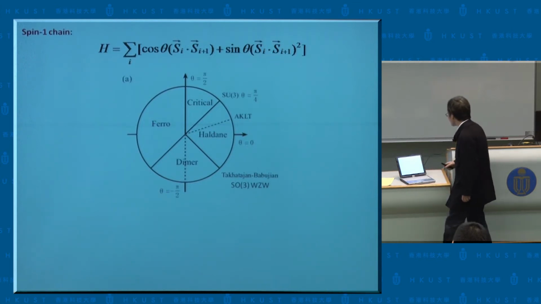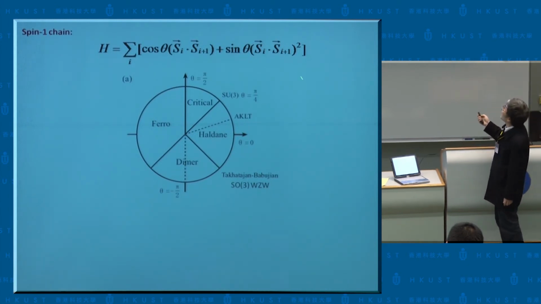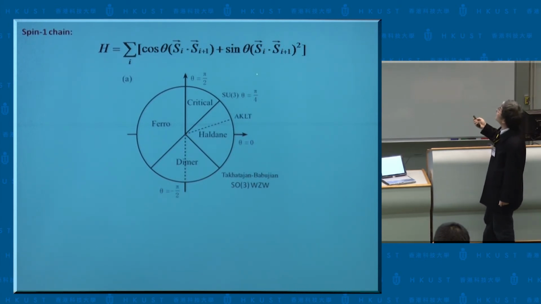consider the following problem. As you may notice, for the general bilinear-biquadratic spin 1 models, there's a quantum critical point sitting at theta equal to minus pi over 4. This critical point separates two gap phases. One is the dimerized phase, another is the Haldane gap phase.